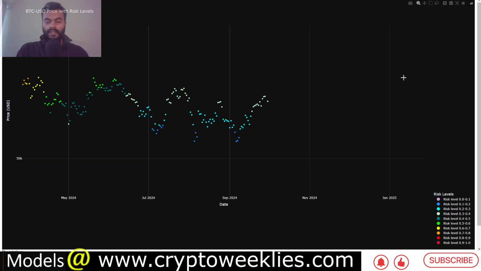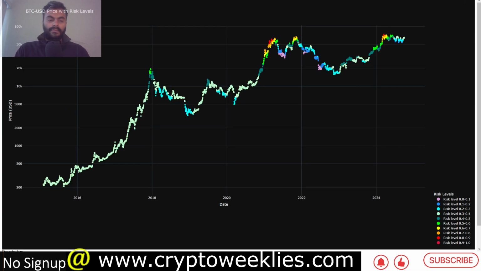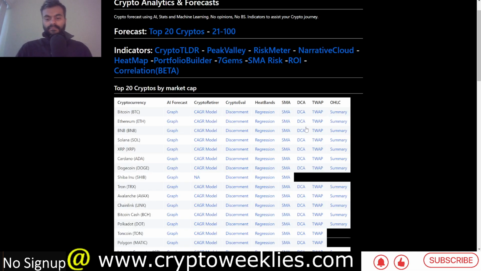And as this score goes higher and higher, that means very less chance that Bitcoin is close to a value zone. Again, a 61% chance that Bitcoin is in the value zone, 39% chance it's not. Per the analysis, this is the fourth best time to dollar cost average at a shorter term level.